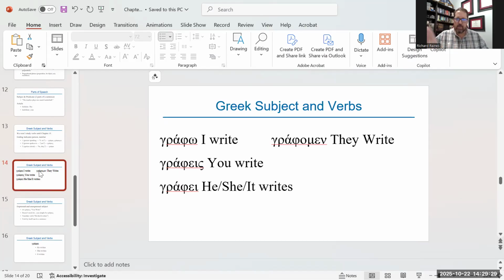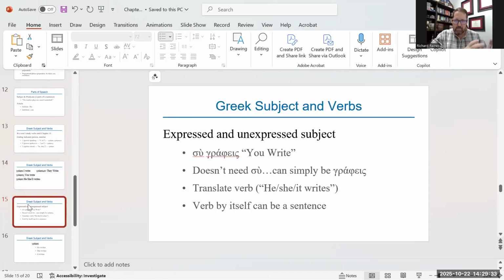The subject is expressed in the way you translate the word, versus an expressed subject, which would be su graphes. If you saw su graphes, then you would translate it "you write."